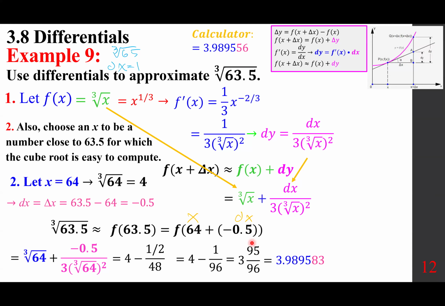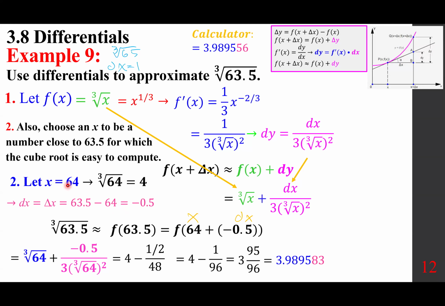Again, you should be able to handle the fraction, because there is no need for a calculator, and this part is just a matter of comparison. And the reason this is fairly close to that is because delta x or dx is very small compared to the choice of x, which is 64. We are done with that.